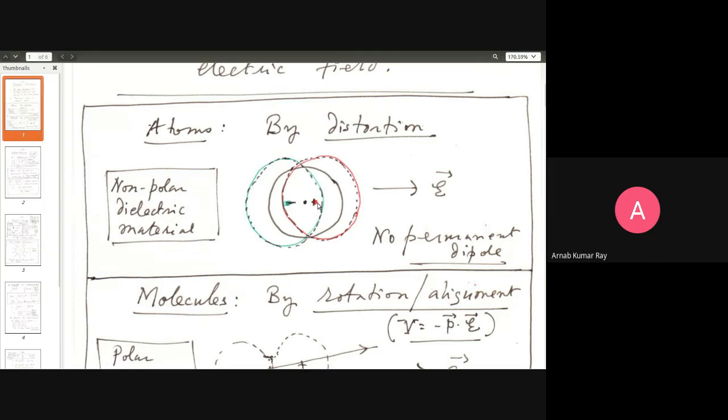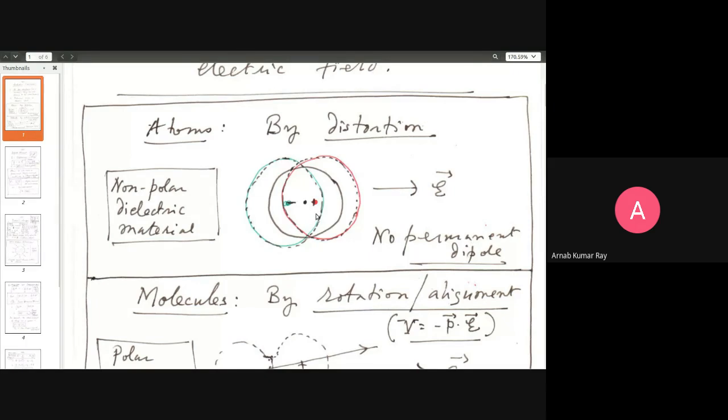If that separation had not taken place, then the atom would have maintained its old symmetric configuration. So this separation has happened because of the distortion brought about by the electric field. So this is polarization by distortion.